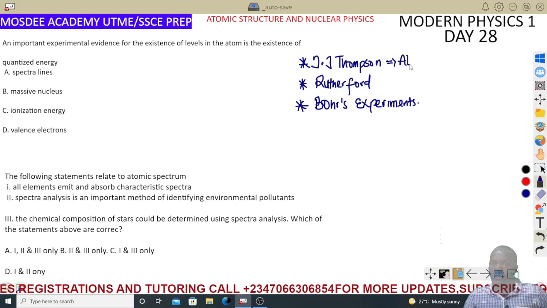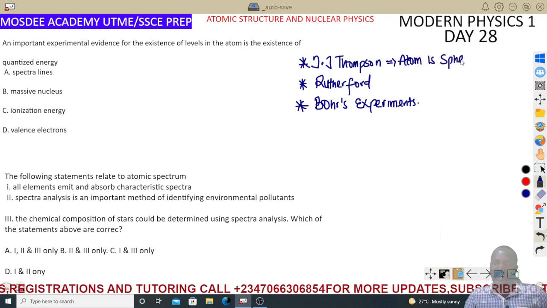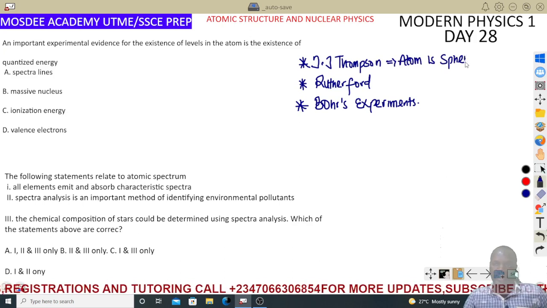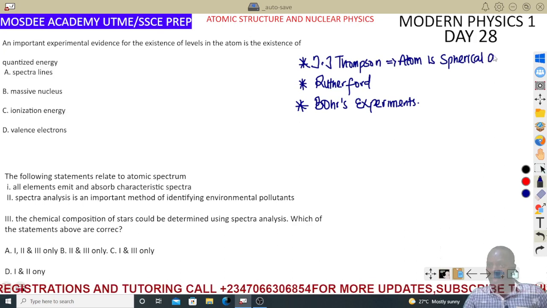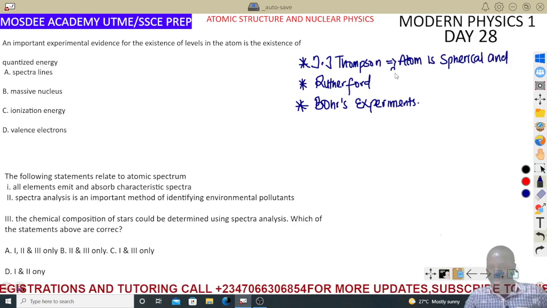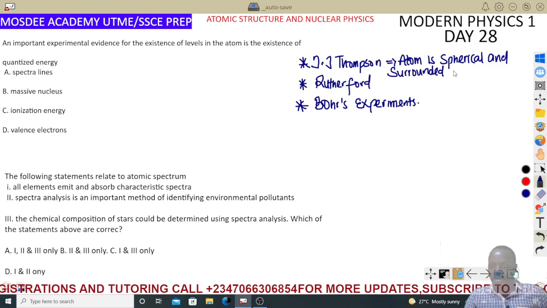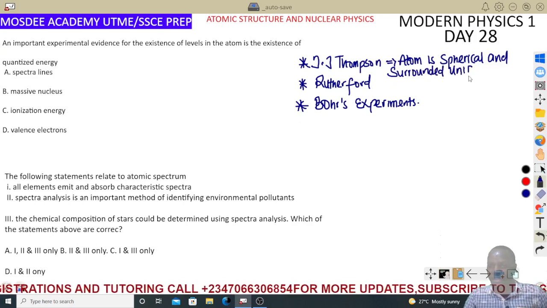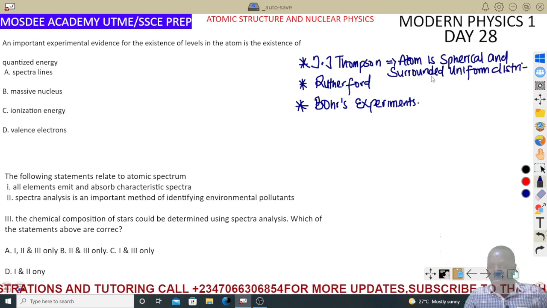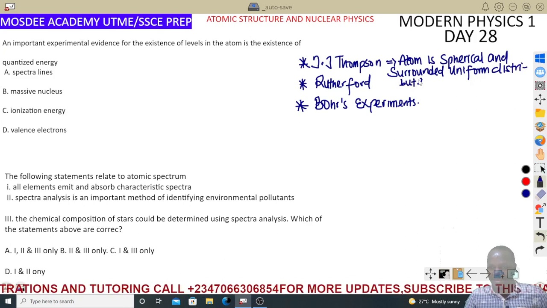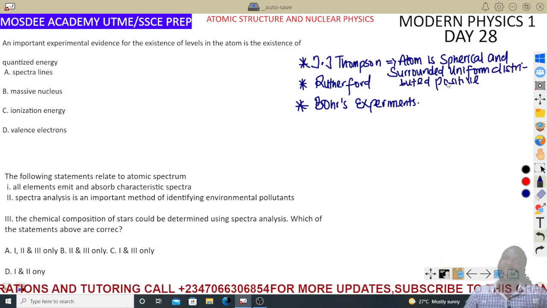That is, the atom is spherical and is surrounded by uniformly distributed positive charge, more like the plum pudding, or just like your watermelon.